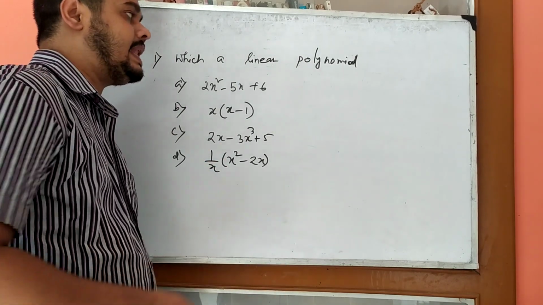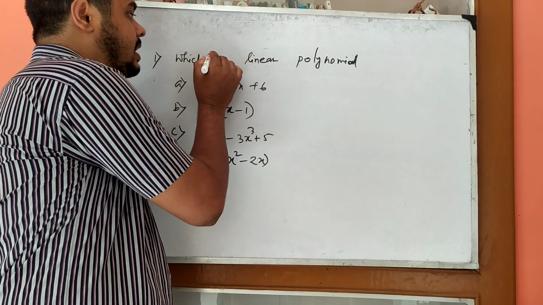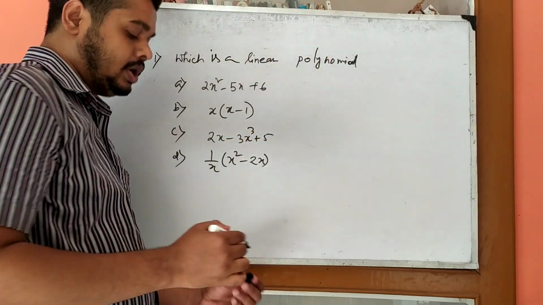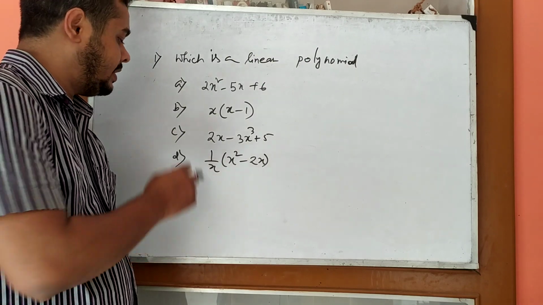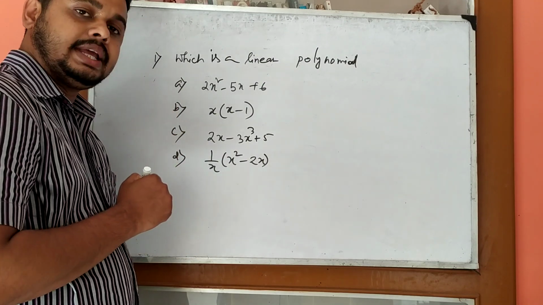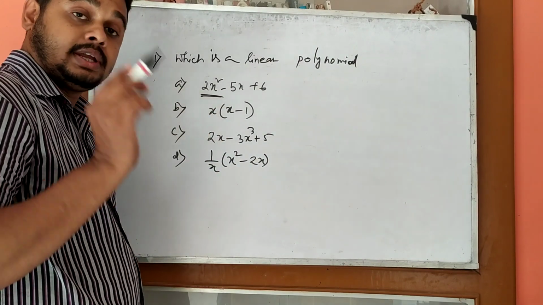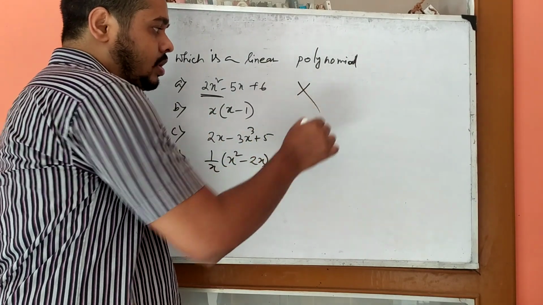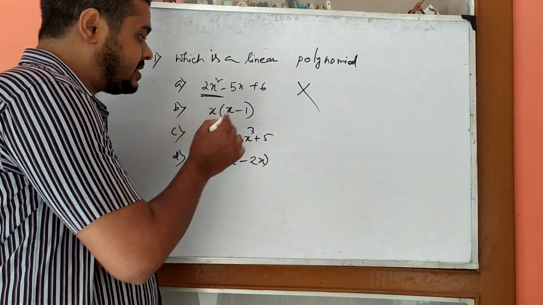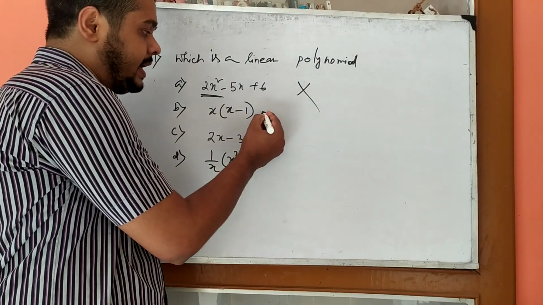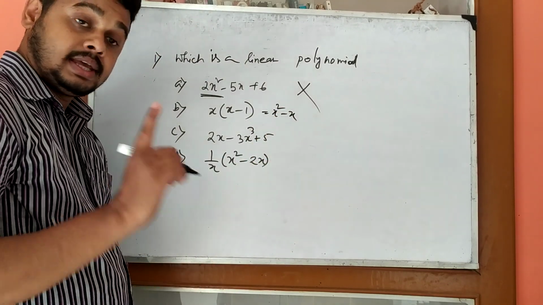Now this question is like that: which is a linear polynomial? 4 options are given there. You can see here the highest degree is degree 2, so it is not a linear polynomial, it's a quadratic polynomial. Besides that, x into x minus 1, after simplification we can write x square minus x.